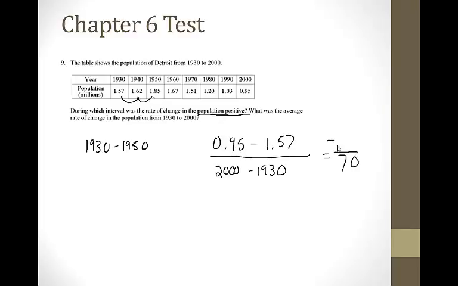Negative 0.62. And so I'll divide that. And it's negative 0.008858. And that's going to be a million people per year.